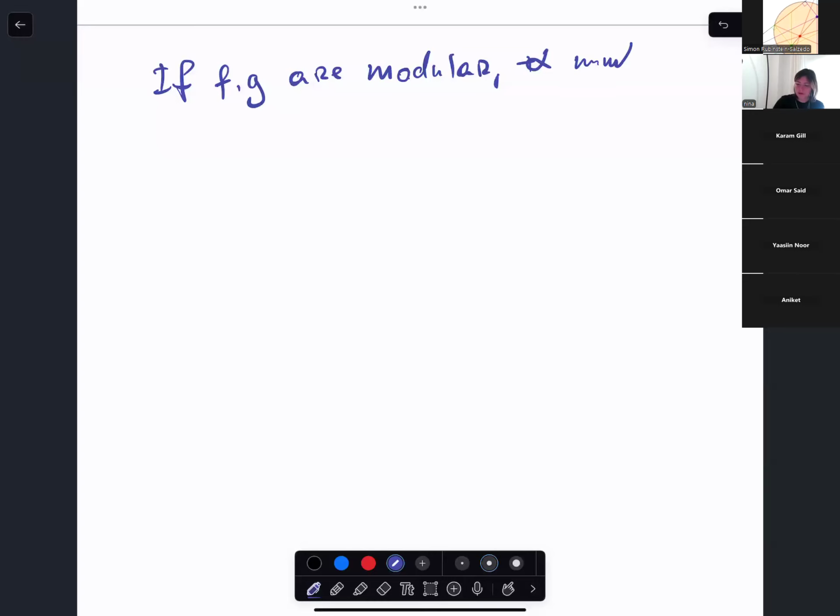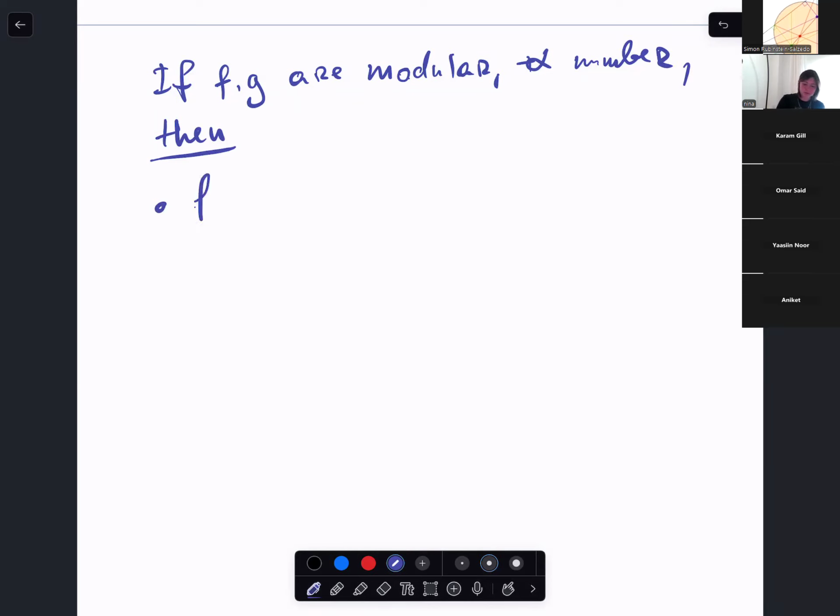Now, one more thing I want to mention about modular forms is that, once again, just looking at the definition, you can immediately see the following. If F and G are modular forms of the same weight, and again, let's say alpha is some number, then you immediately get the following two things.